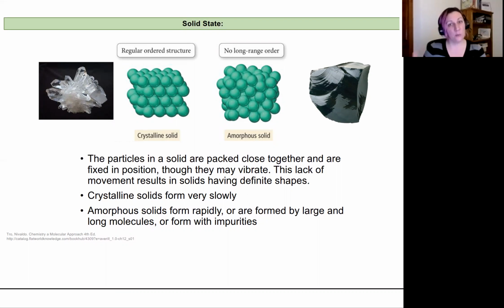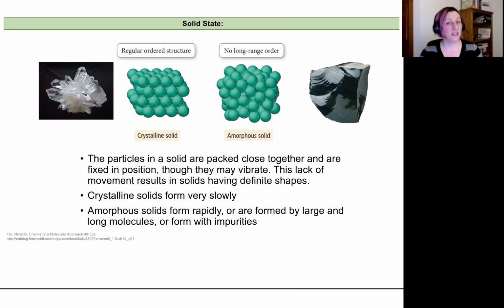And then we also have amorphous solids that usually come about when the solid forms really rapidly, like if something cools very quickly, like in this case, obsidian or like lava cools quickly to form a rock. And we get these amorphous solids that have less order to them. And so our particles aren't in the same perfect pattern that's repeating throughout the entire solid.